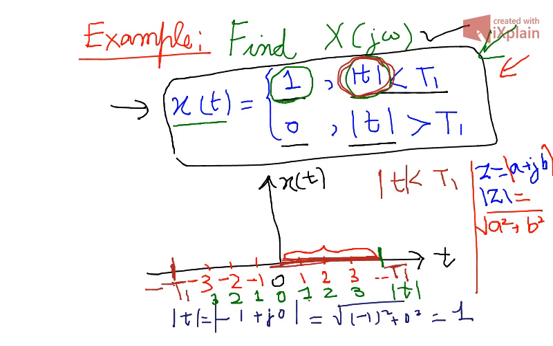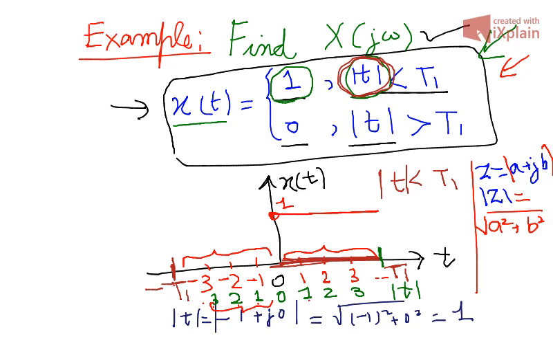So for this period, the signal is unity. The value is 1 on the vertical axis. Similarly, for this range, all the absolute values which are positive, 1, 2, 3, 4 and so on up to minus t1, are all positive.